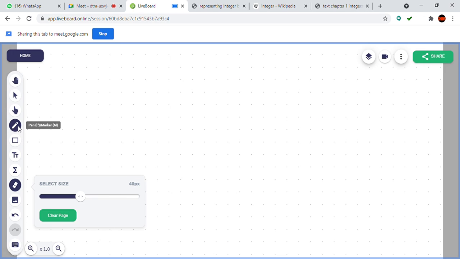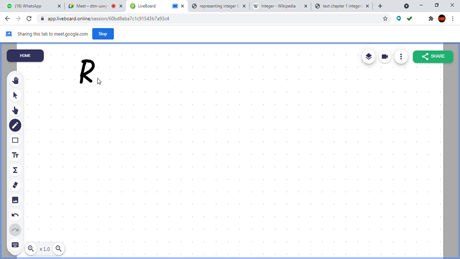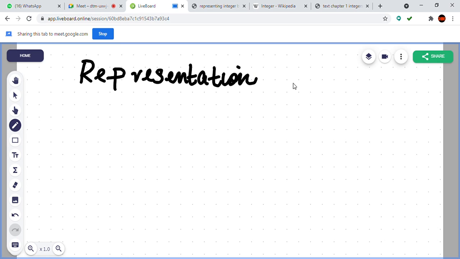You write: representation of integers on a number line.